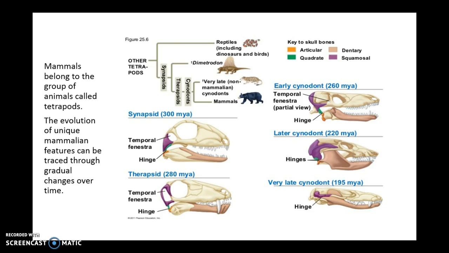One of the things that we have found is this gradual change or evolution of certain things that we consider very mammalian, very unique to our particular group, whether it be this hinged jaw, the reproductive cycle, walking on all fours or bipedal, or even being on land.